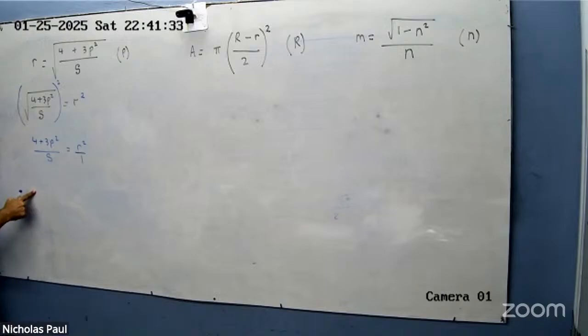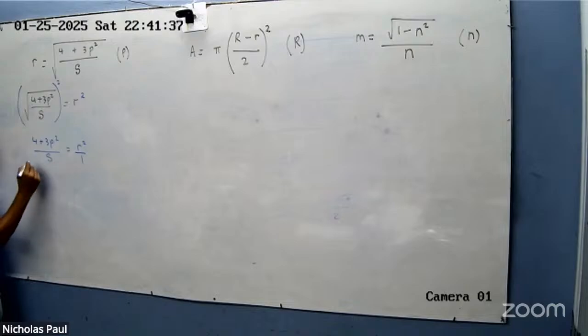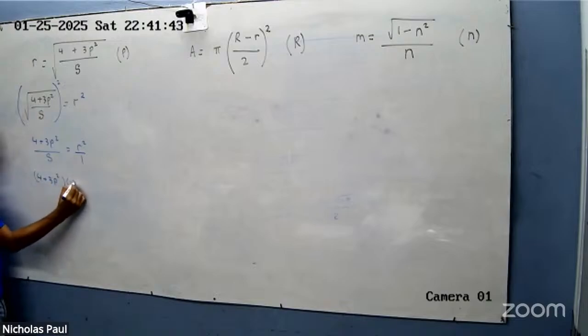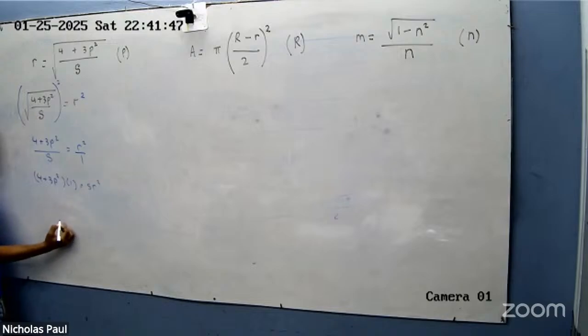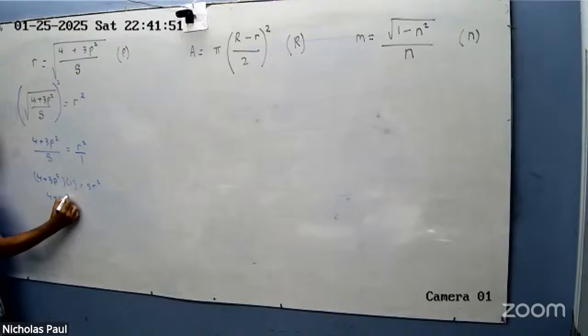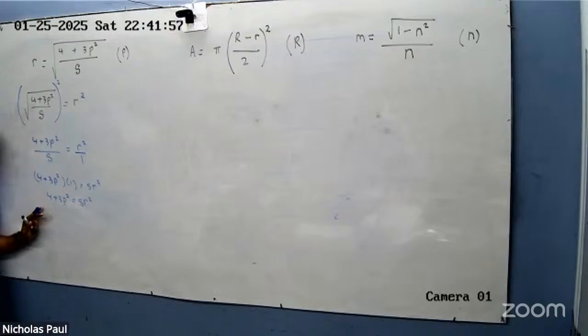When you reach here now, what to do? Cross multiply, right? So you will get 4 plus 3p squared multiplied by 1, and s multiplied by r squared. When you simplify this, you'll get 4 plus 3p squared equals s r squared. When you reach here, what are you going to move, Jeremy?